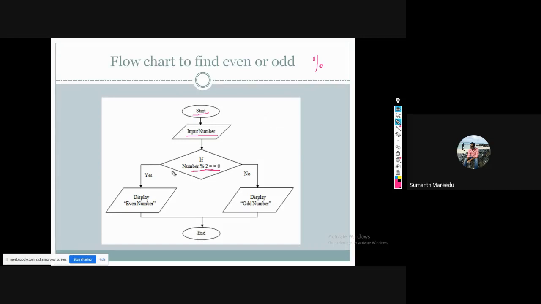When you are comparing, if it is yes, the flow will go in this direction and it displays that the number is even. After displaying that the number is even, I'll go here and I'll say stop.